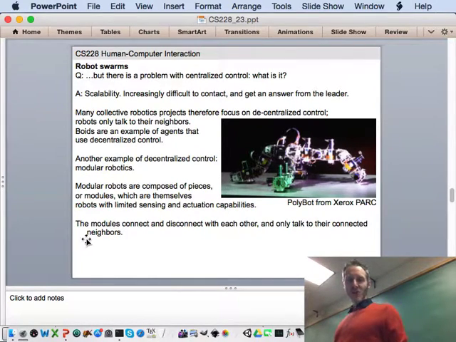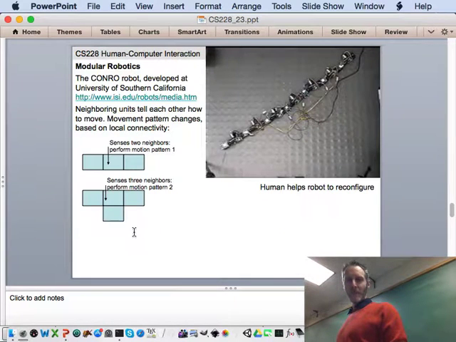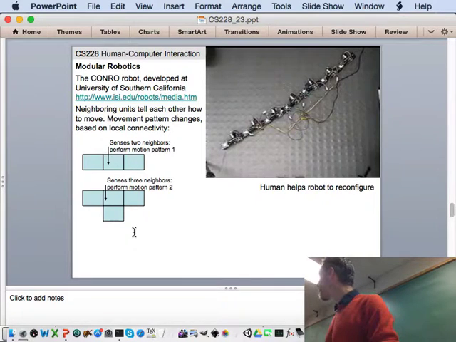So in a modular robot, the modules can connect and disconnect with each other, and they can also only talk, or usually only talk, to their immediate neighbors, those neighbors that they're connected to.